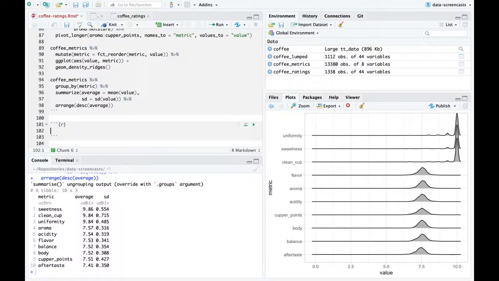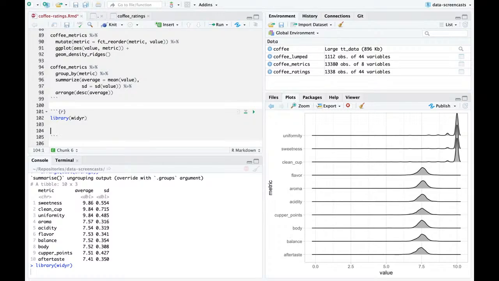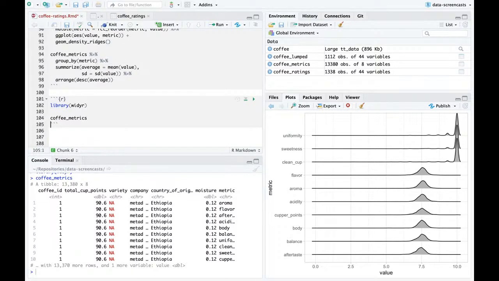Next thing I wonder is, do these correlate? I bet they correlate a little bit. There is actually a package, library widyr. My widyr package finds correlations among tidy data. We could also have turned to a matrix and done correlations there, but this lets us do pairwise correlation.